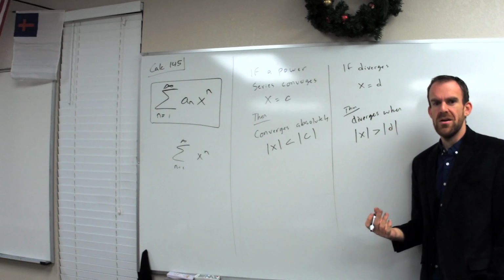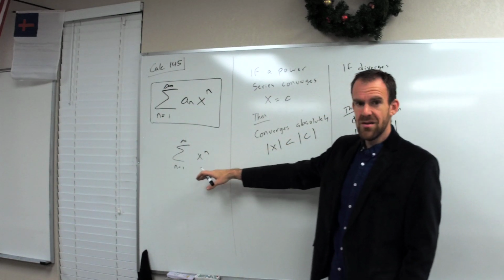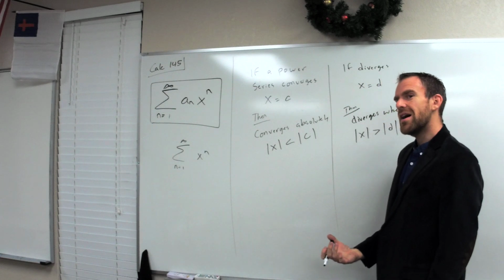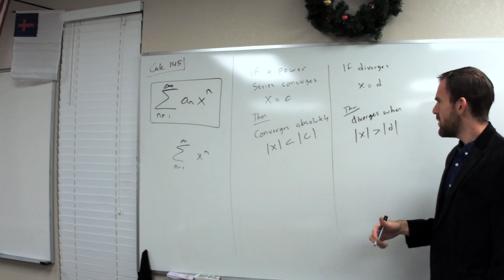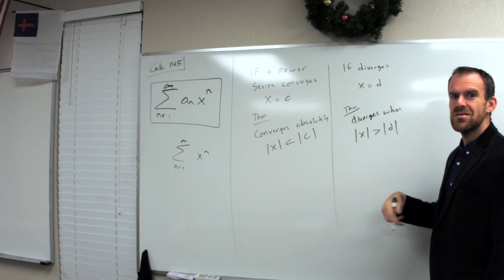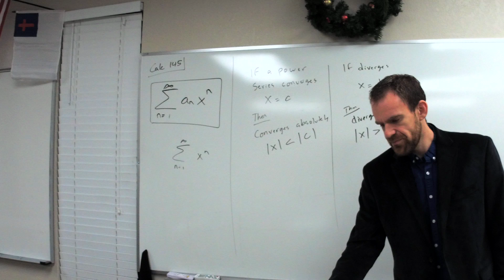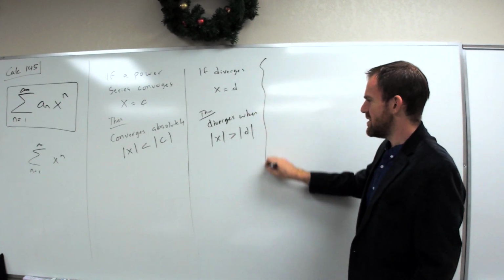Also by basic comparison test. So if I say this x to the n diverges when x equals 1, then if I plug in 2, it's greater than 1, so that will also diverge. So that's all basic comparison test stuff.